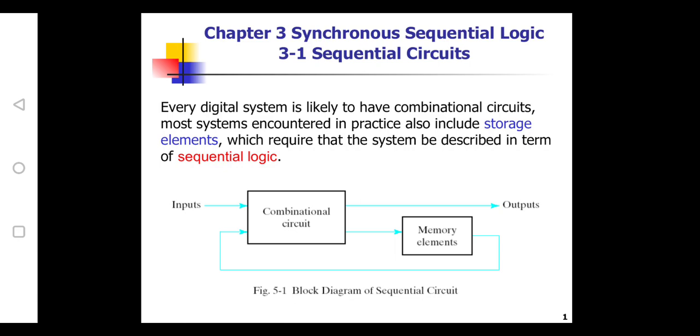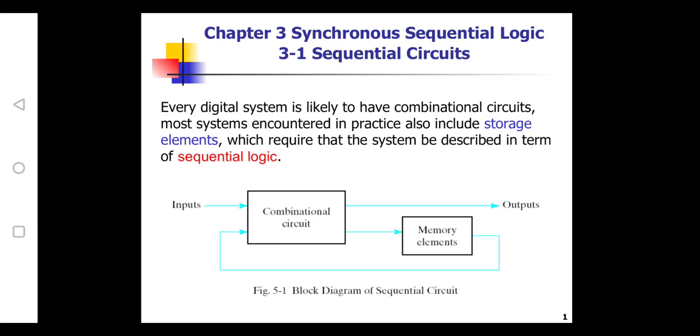So if a circuit consists of a memory element, such circuits are called sequential circuits. The examples of sequential circuits are latches, flip-flops, registers, and counters. The basic element of a sequential circuit is a latch or a flip-flop, which in both cases is used to store a single bit of information.